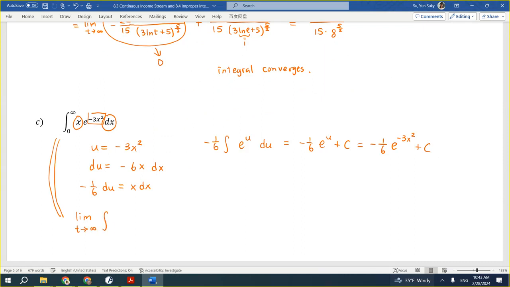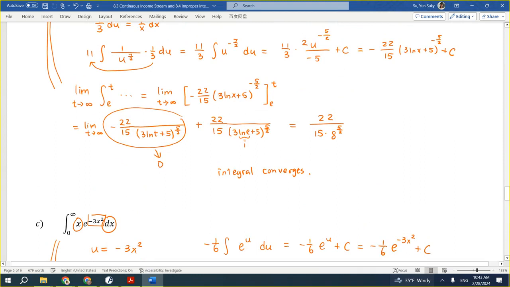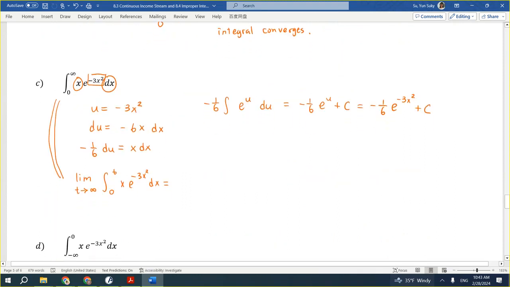The top one. So we replace it by t and let t go to infinity. Okay, this is not too hard. You know what I'm saying, right? So now this is the limit as t goes to infinity.